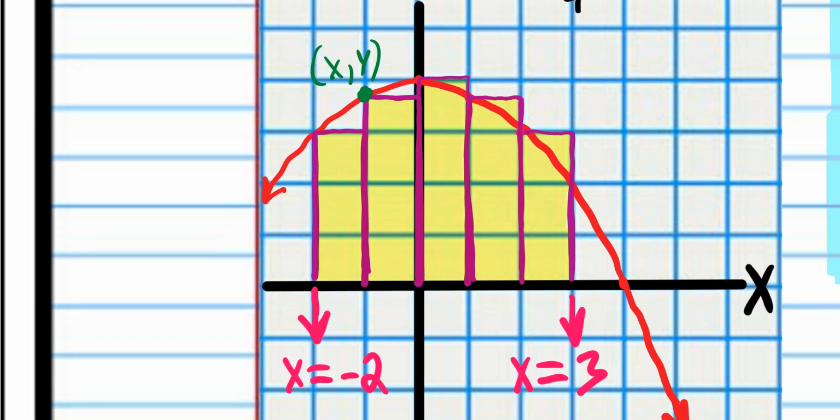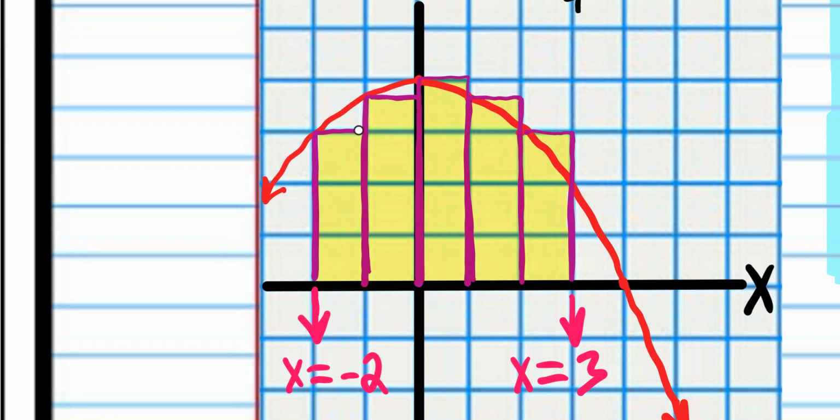And the y value of this point over here, that's the height of this rectangle. And the reason for that is because notice that the left corner of each rectangle is touching the red graph.